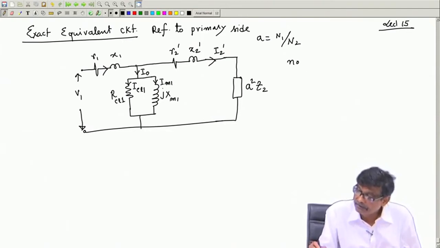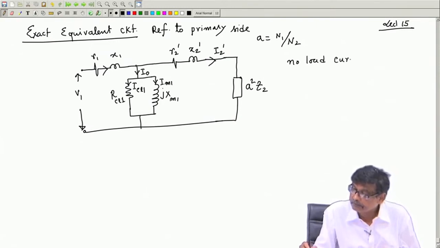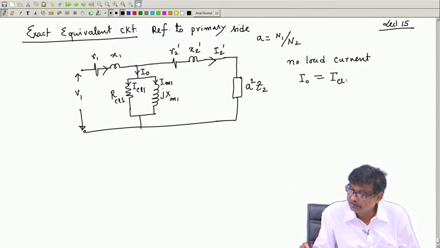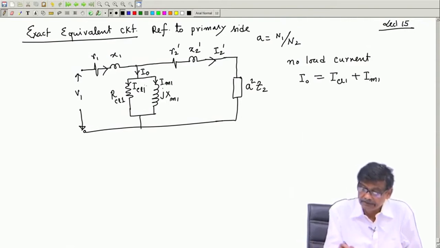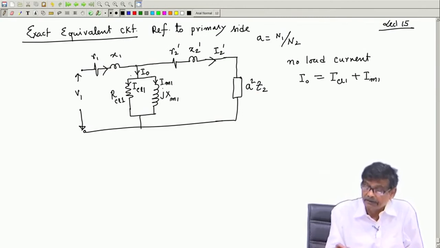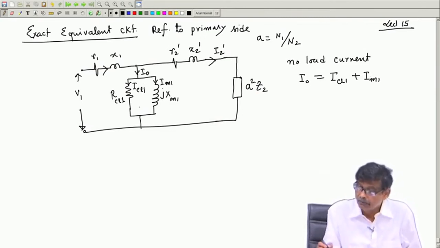The no load current I naught will be the sum of the core loss component of current plus the magnetizing current, is it not? These two currents will make I naught. Why is it called no load current? When the load is not connected on the secondary side, this will be open circuited, Z2 is infinity.